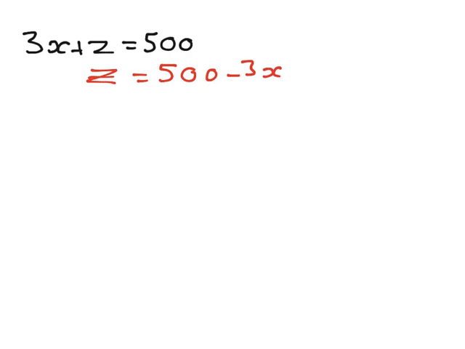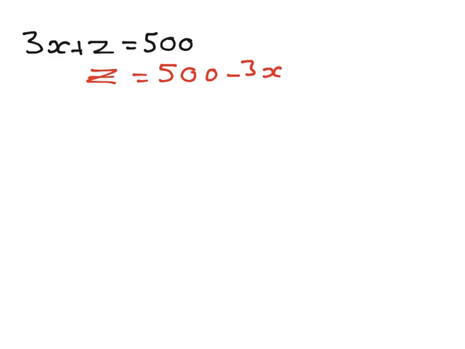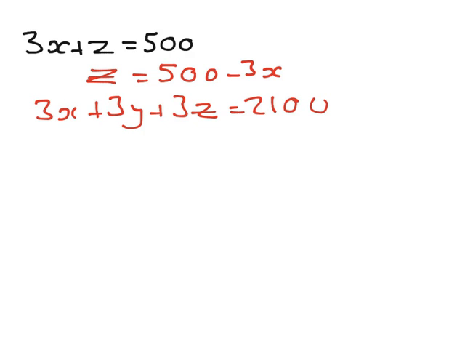So what I'm going to do in this case, if I go back to the original ones here, if I multiply equation 2 by 3, I get 3x plus 3y plus 3z equals 2,100.